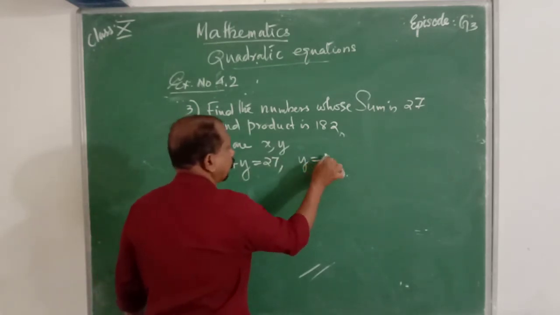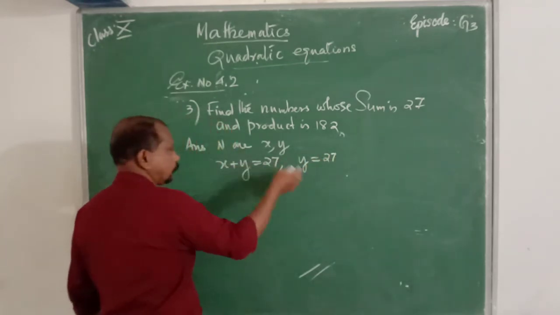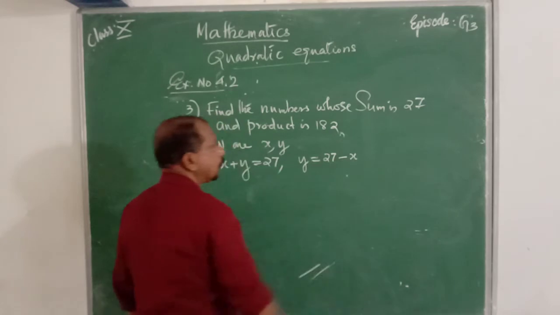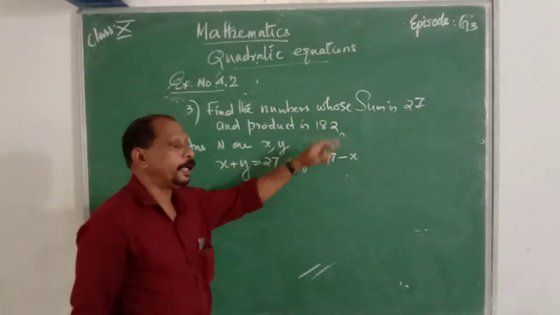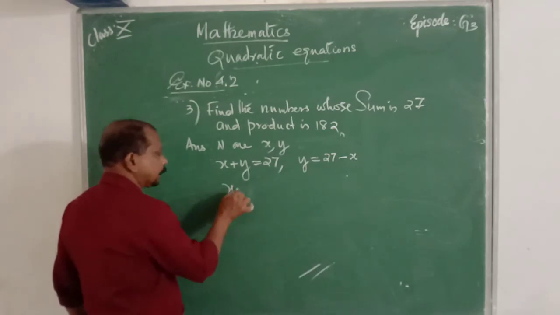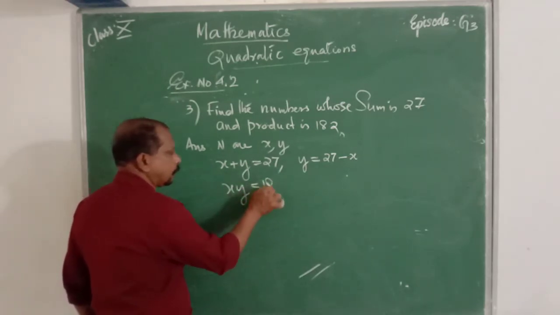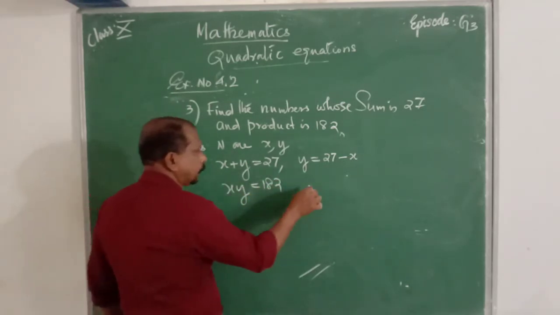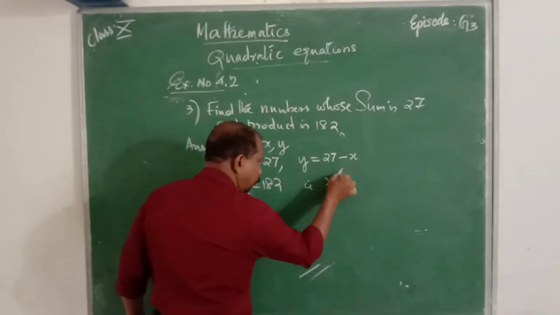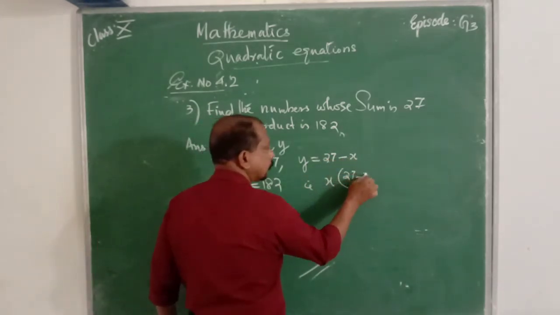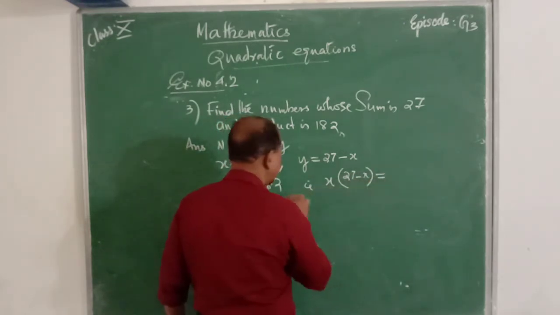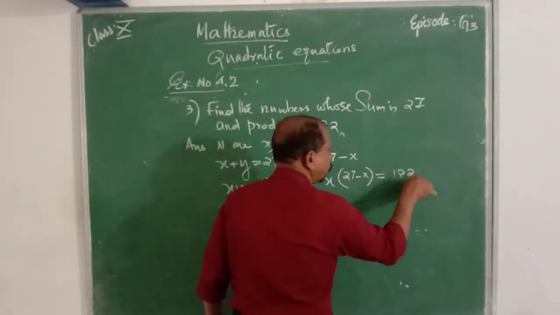Therefore, y is equal to 27 minus x. Then given that the product is 182, that is xy is equal to 182, that is x into y, 27 minus x is equal to 182.